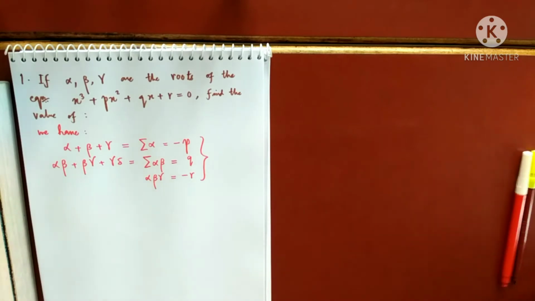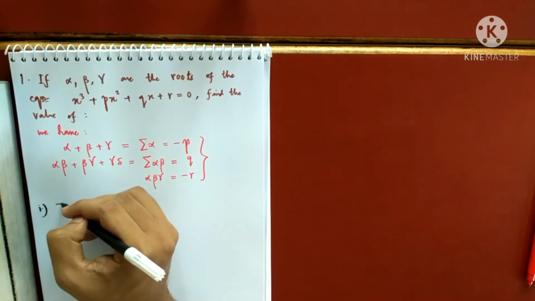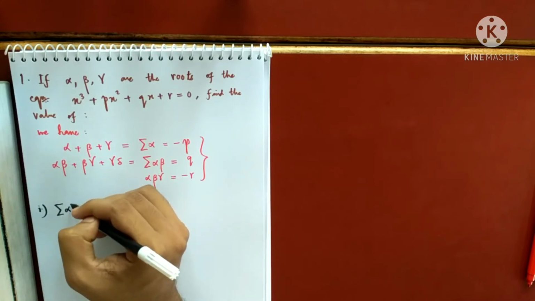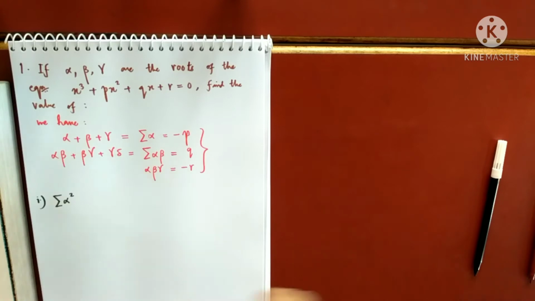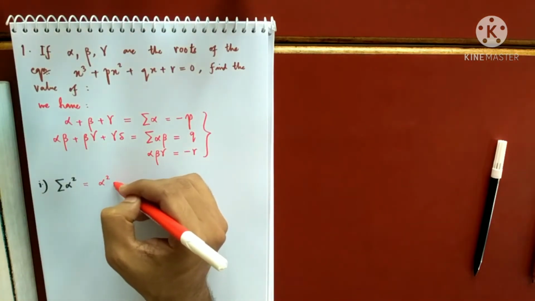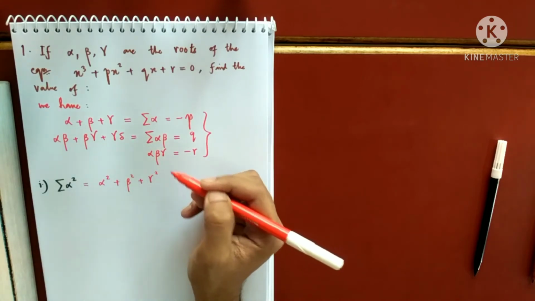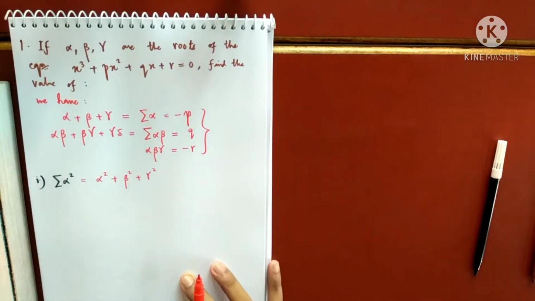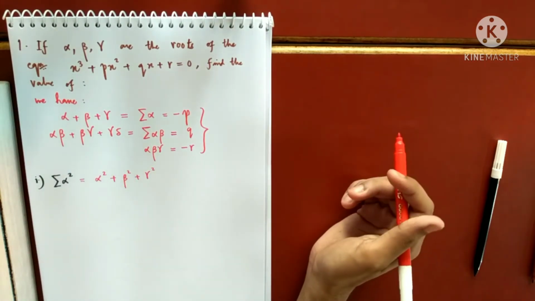For example, in the question they are asking, find the value of number 1, summation alpha square. Now first of all, what is the meaning of summation alpha square? Summation alpha square means alpha square plus beta square plus gamma square. Because I am talking about a symmetric function of roots, I have to take all roots, such that this remains a symmetric function.